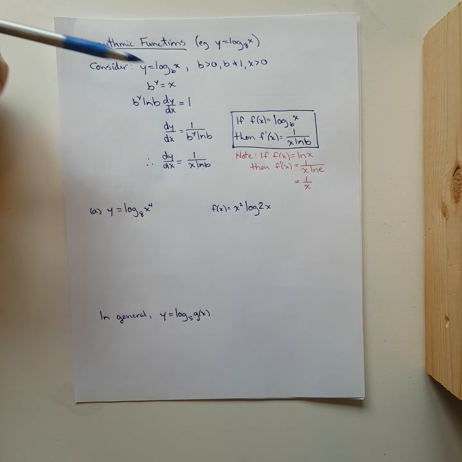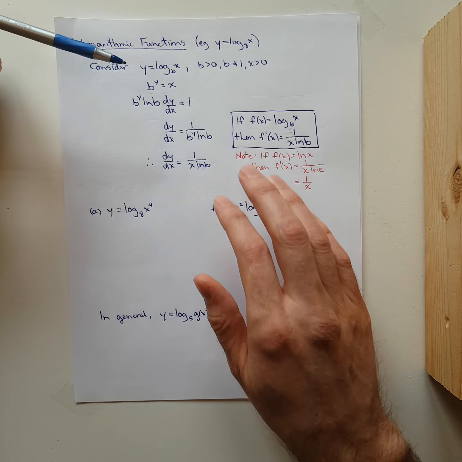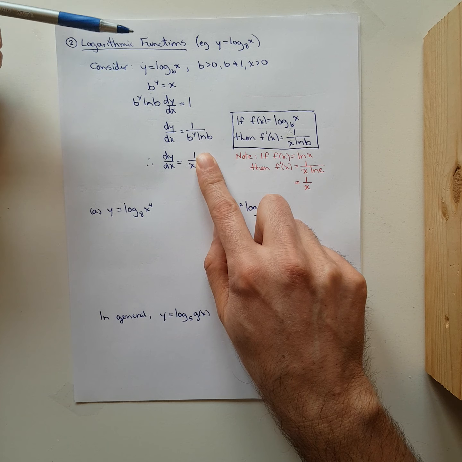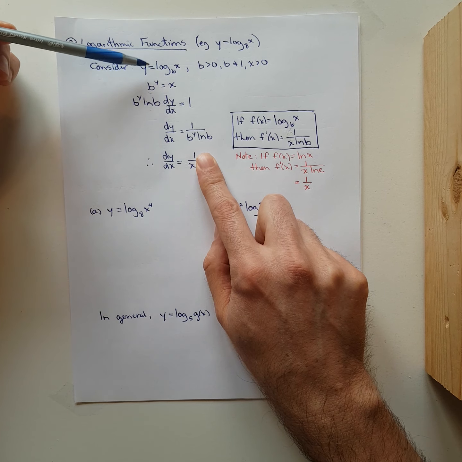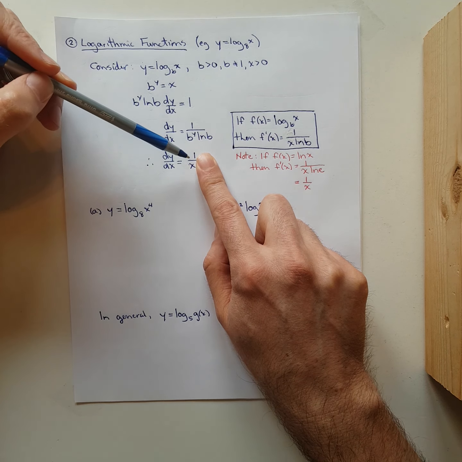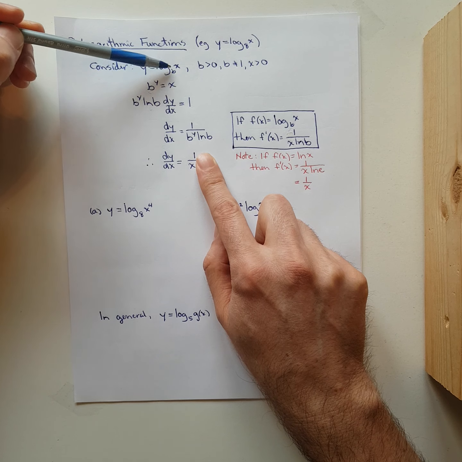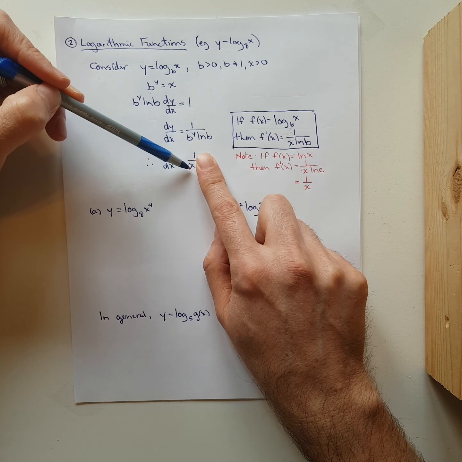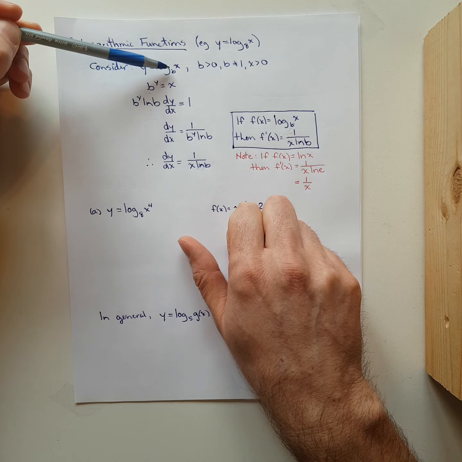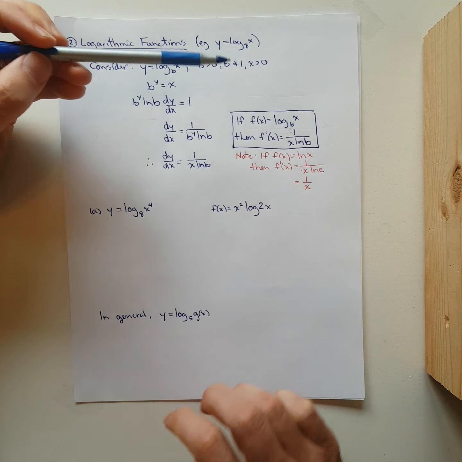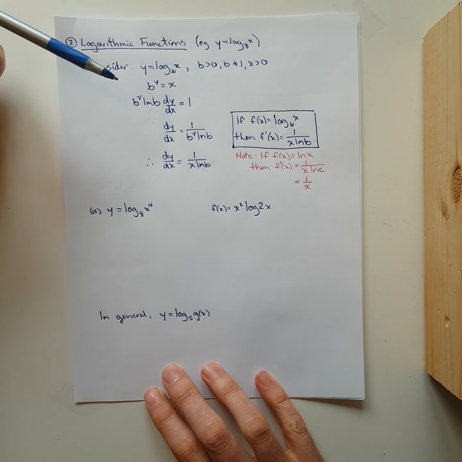So in this case, we see that this is very similar to our natural logarithmic function, where if this was ln x, the derivative would be 1 over x. Because now we've extended this to logs with any base, this becomes 1 over x, but the x gets multiplied by ln of the base. And I've written this out in general here.